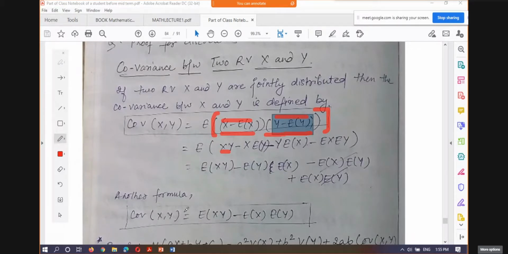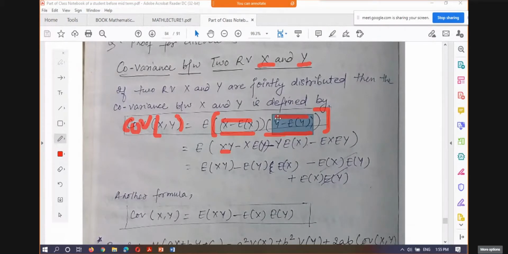So how do we define this covariance? If we have two random variables x and y, the covariance is denoted by COV x comma y, which is defined by expectation of (x minus expectation of x) into (y minus expectation of y).